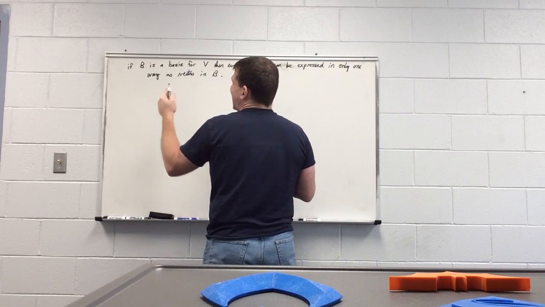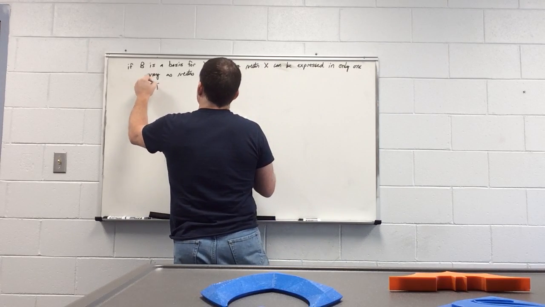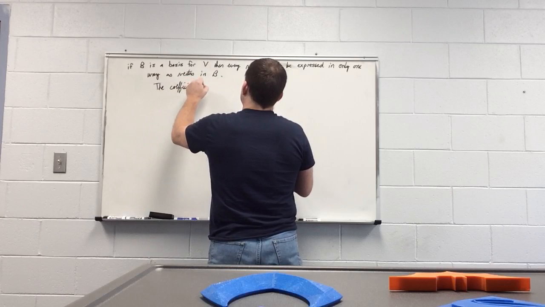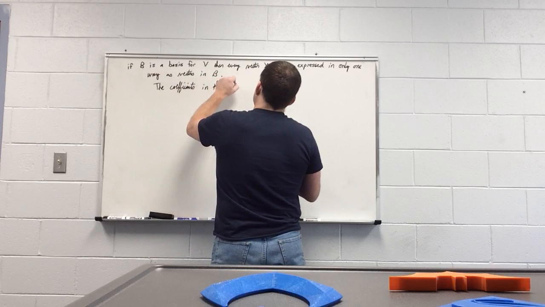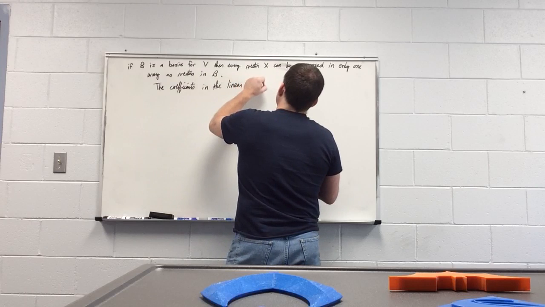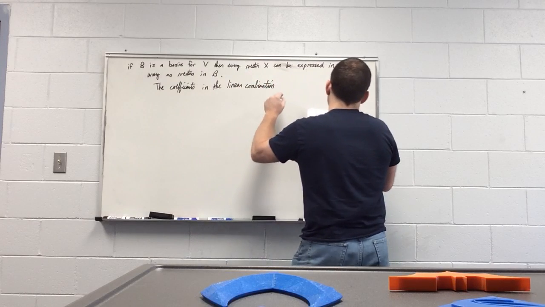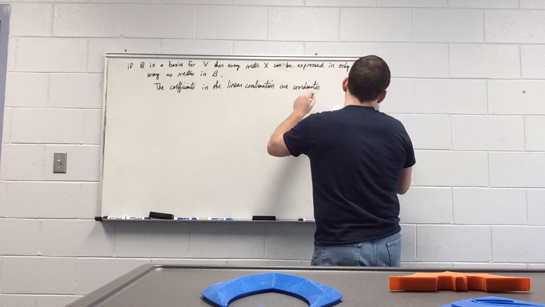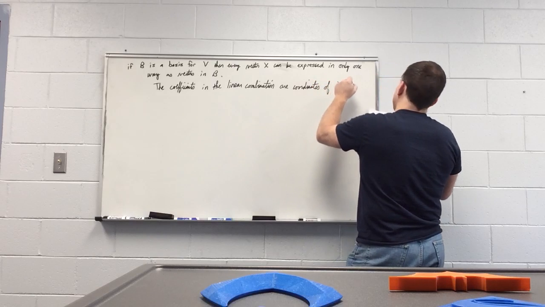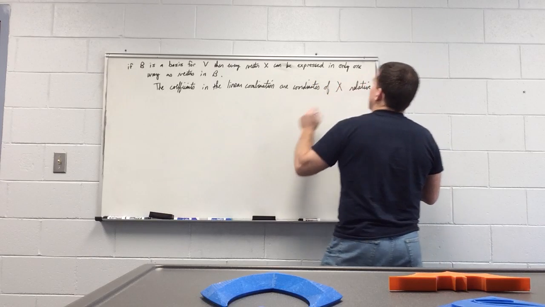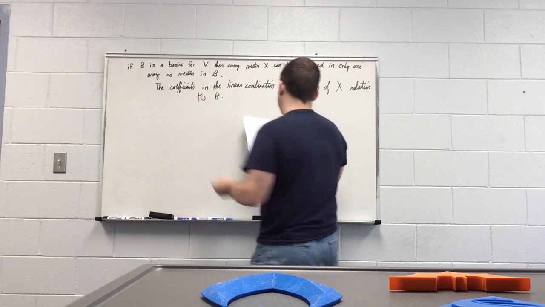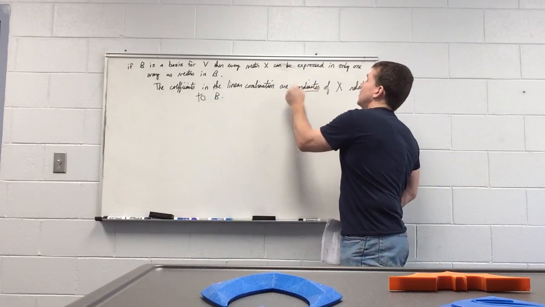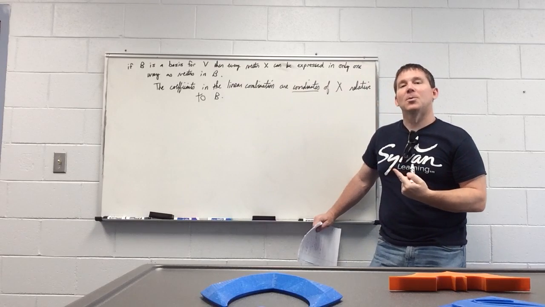Now, we want to expand on that idea a little bit. The coefficients in the linear combination are coordinates of X relative to B. And when we say coordinates, we're deliberately using that word.